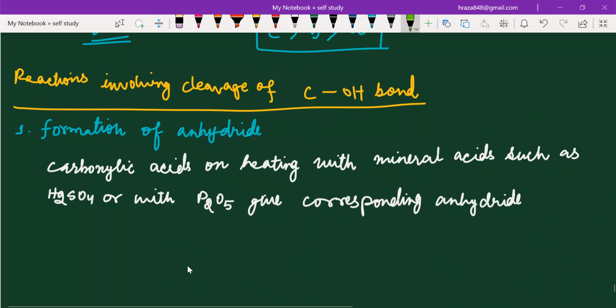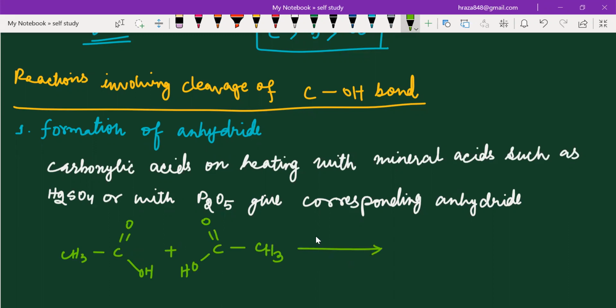Give corresponding anhydride. So if you have a carboxylic acid like this, your ethanoic acid, this is the way to write the reaction to understand it. I'm going to write it like this, and this is your CH3. So if you treat 2 moles of carboxylic acid in the presence of acid and heat, or in the presence of P2O5, what will happen?